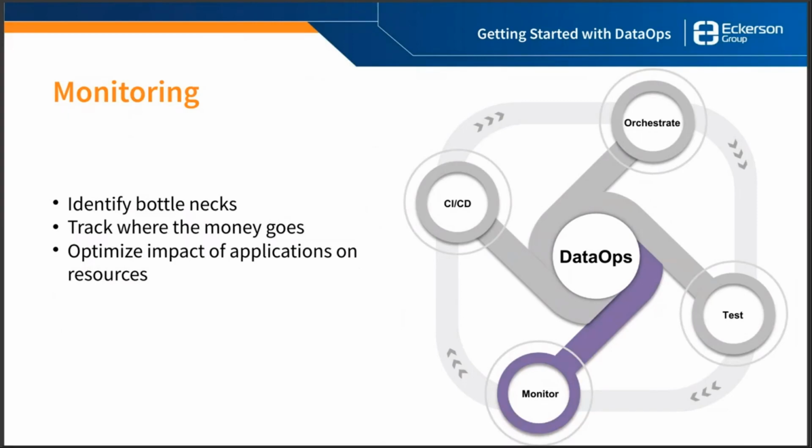And then the final core capability that DataOps focuses on is monitoring. This is very similar to testing, but rather than thinking about the code or the data, it's looking at the infrastructure that underlies and supports all of this. So when we think about the data pipeline, the software applications you use, those are sitting somewhere on a physical machine, right? If it's in the cloud, it's in some central computer repository somewhere. Maybe it's on-prem, depending on how your organization is set up.